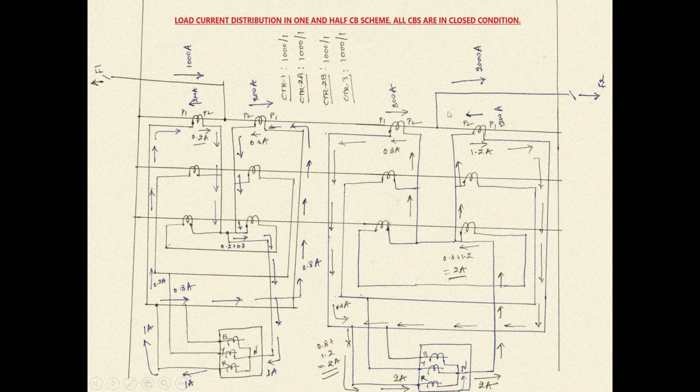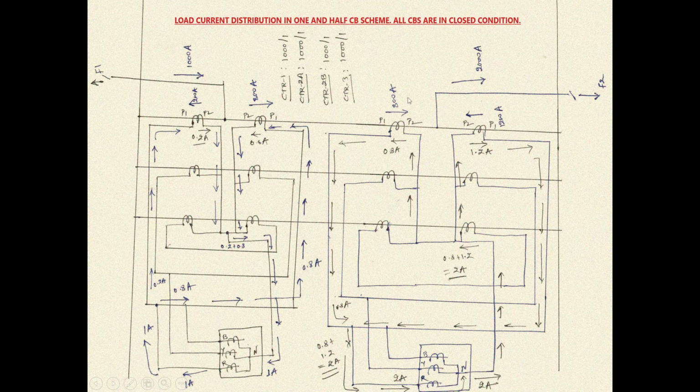Now look at the second set of feeder. In this second feeder, 2000 ampere current is being exported, and you must get this direction and the magnitude of current in your relay, in your measuring devices, in your BCU, everything, and that we will verify. So now suppose 2000 ampere is being exported, 800 ampere of current is coming from this side, 1200 ampere of current is coming from this side.